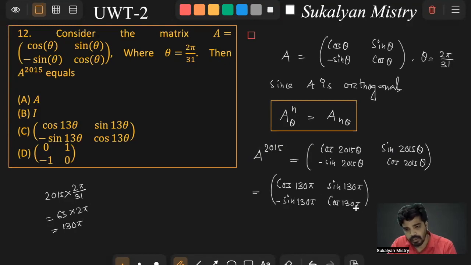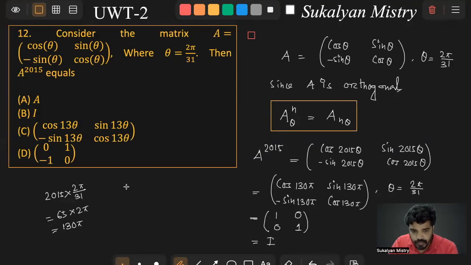What is the reason? Since theta is equal to 2π/31, cos 130 pi, that is 1, sin, that is 0, so this is also 0, this is 1, so that is the identity matrix.